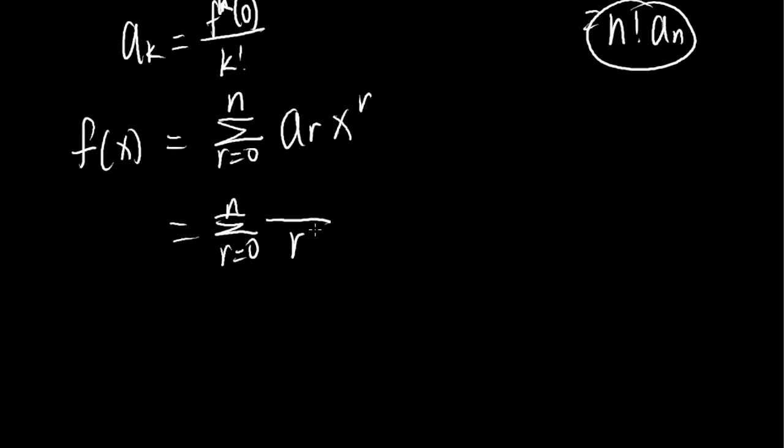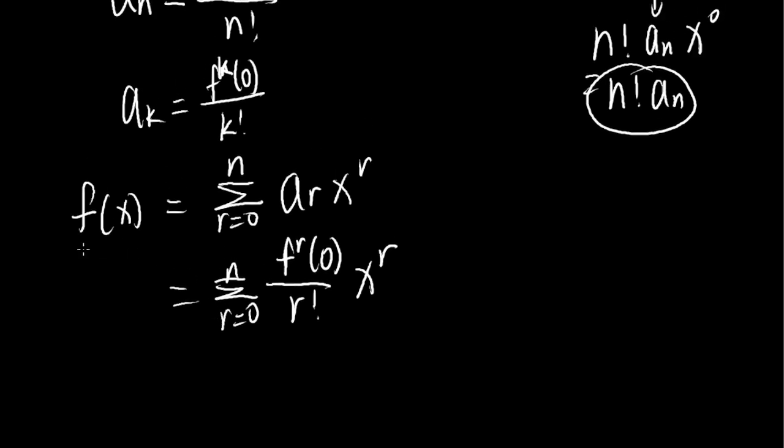It should be f^(k)(0) over k factorial times x^k. This is the Taylor expansion at the point x equals 0.